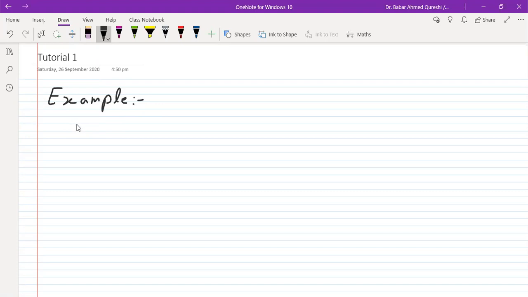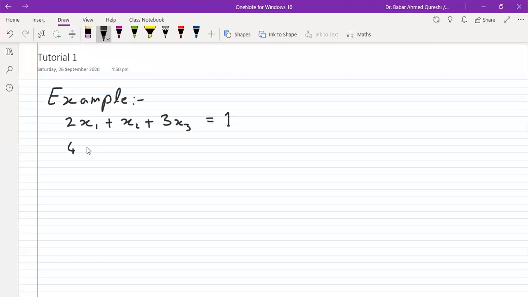Now, the first example is that you are given a system of equations: 2x1 plus x2 plus 3x3 equals 1. This is the first equation.